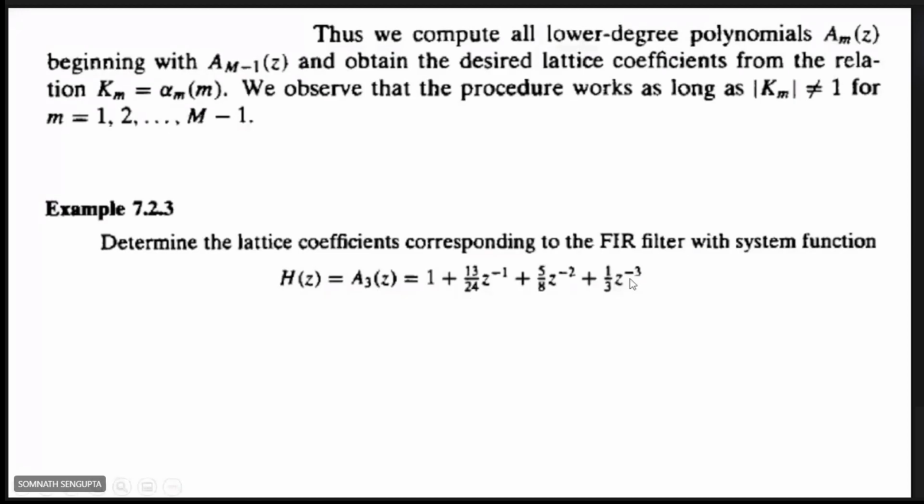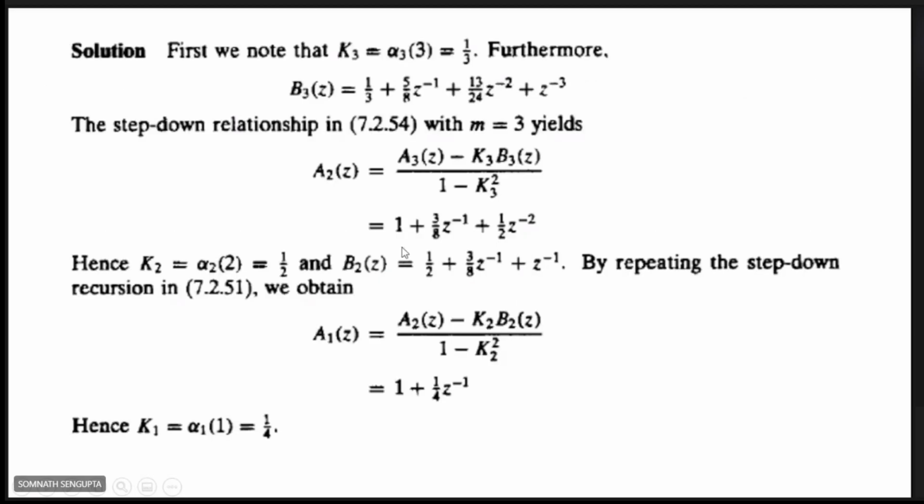So it is in direct form coefficients. The highest order direct form coefficient is actually the lattice coefficient. So we have determined K3 as the highest coefficient alpha 3 3, K2 we have calculated, and K1 we have calculated. So for the three-stage FIR filter, we have calculated the lattice coefficients from direct form coefficients in this example.